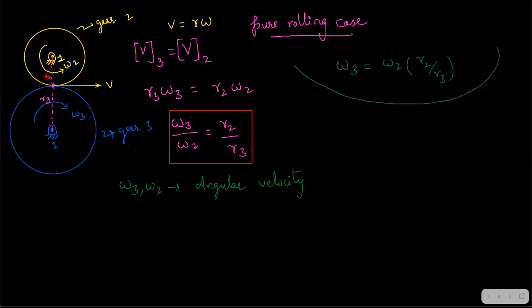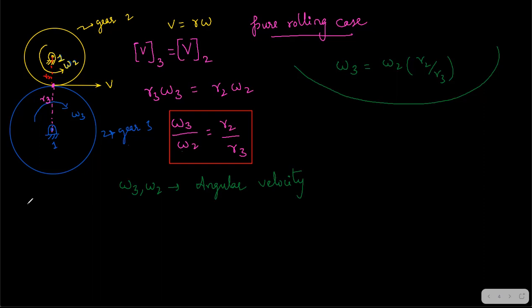Suppose R2 and R3 are known. If you get gears from the market, the radii are fixed, right? If you say I want 100 radius and 150 radius, two different gears, or 100 and 300, two gears.